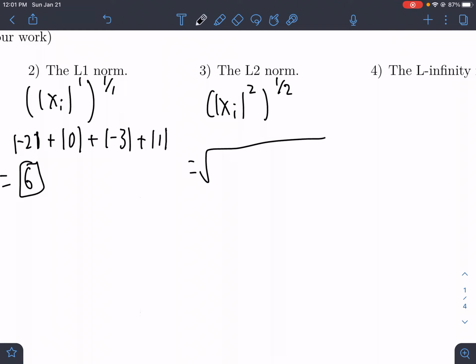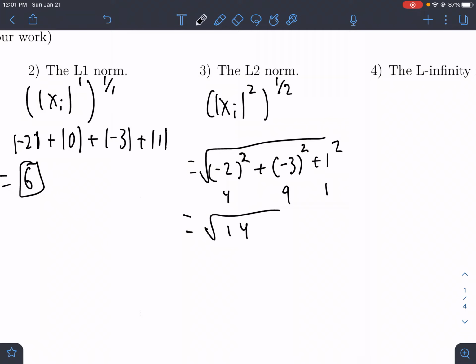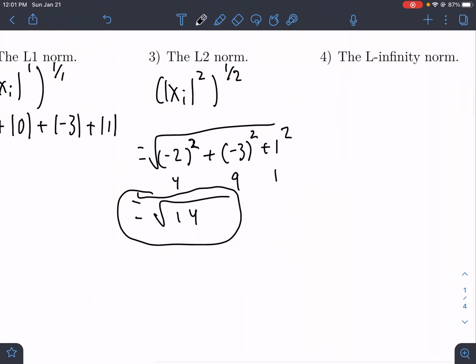This is -2 squared. I'm going to skip the 0 term. Plus -3 squared plus 1 squared. This is 4, 9, and 1. So we're going to get 13, and plus 1, which is 14. So we're going to get the square root of 14. That's our L2 norm.